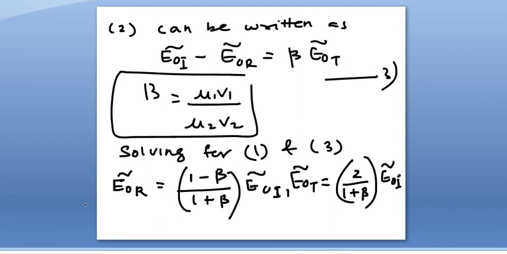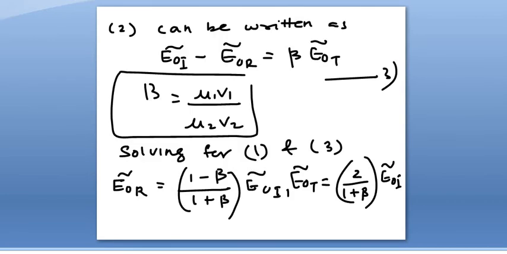Now you can check what this beta is. Beta is mu1 V1 by mu2 V2. If both mu1 and mu2 are the same or very close to each other, we can ignore them. So our beta will finally boil down to V1 and V2.